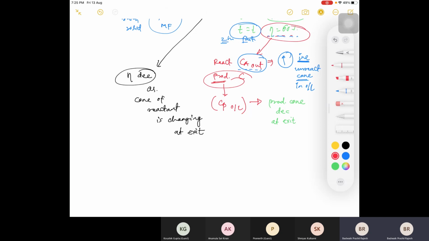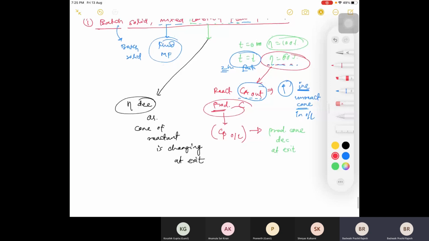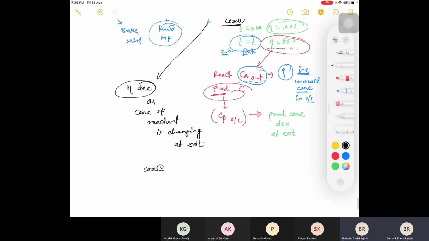So here what is happening, my concentration is changing. In the second case, I'm clearing both the cases, please understand this. Case 1 is I'm not changing flow rate, I'm having constant flow. And case 2 is I'm changing the flow rate.